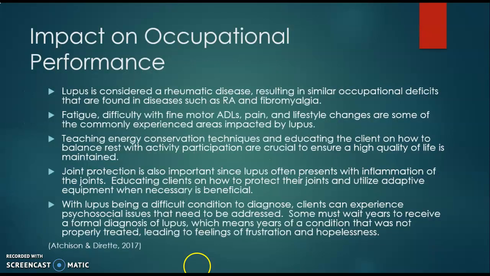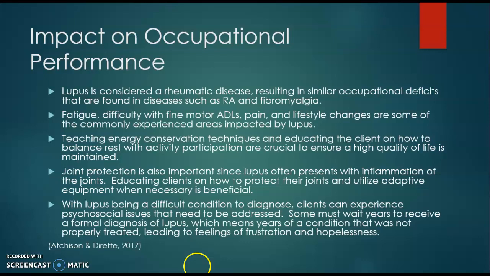I wanted to touch briefly on the impact that lupus could have on occupational performance. It's considered a rheumatic disease, so it presents with similar deficits that are found in diseases such as RA and fibromyalgia. These could be fatigue, difficulty with fine motor ADLs, pain, and lifestyle changes.